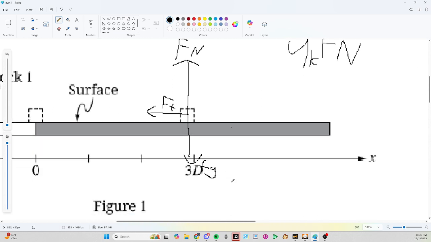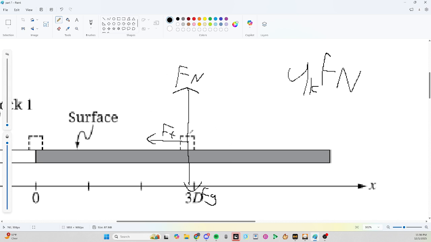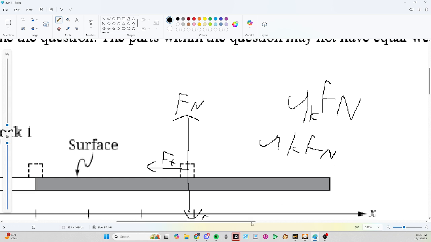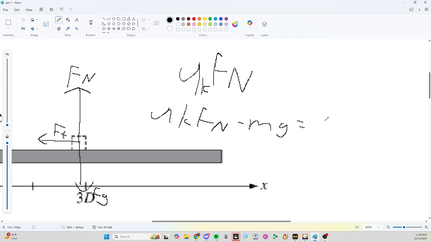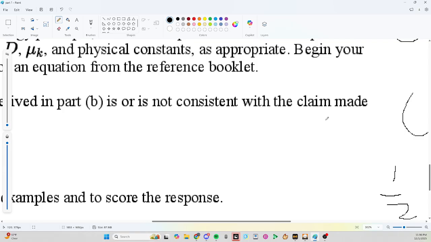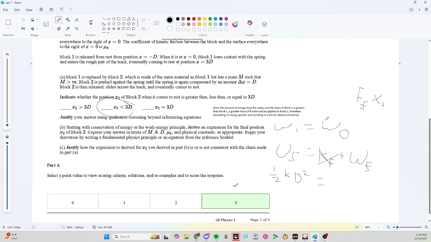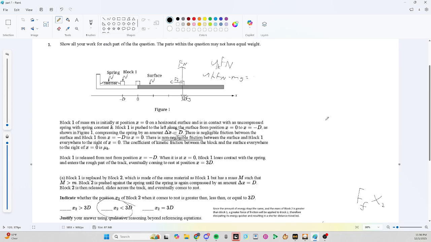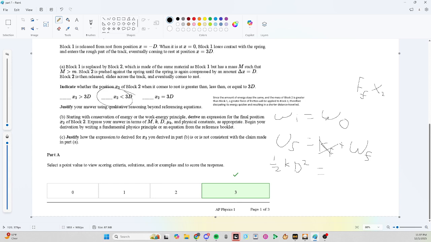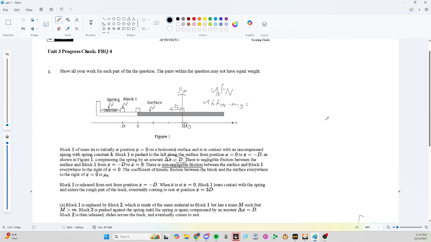So if we sum the forces on the y component of this, we'll get Fn minus mg is equal to zero.